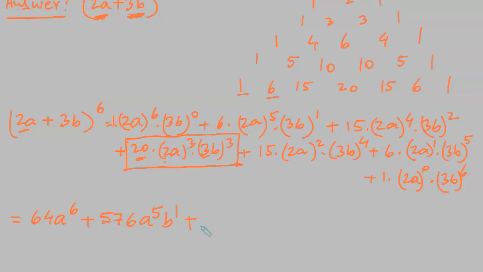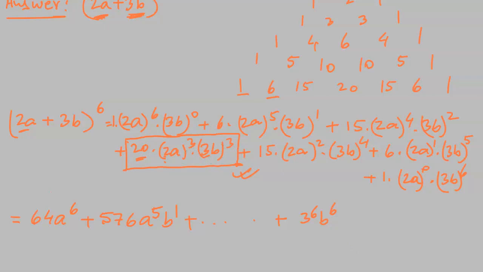I am writing this as plus dot dot dot because I am not interested in getting all the numbers. It is 3 raised to the power of 6 and b raised to the power of 6 is the last term. But we are rather interested in only this term. So, it is 20 times 2 to the power of 3 is 8 times 3 to the power of 3 is 27.